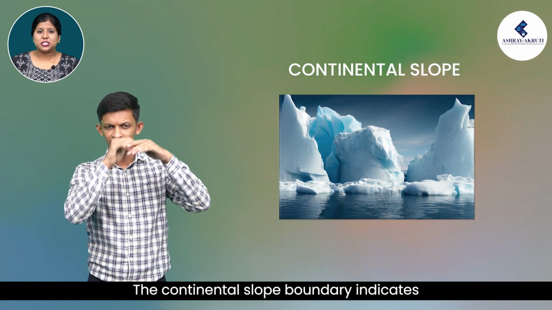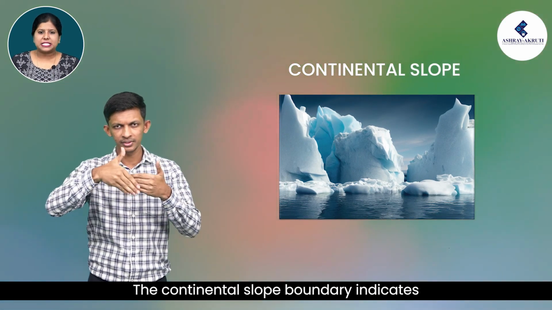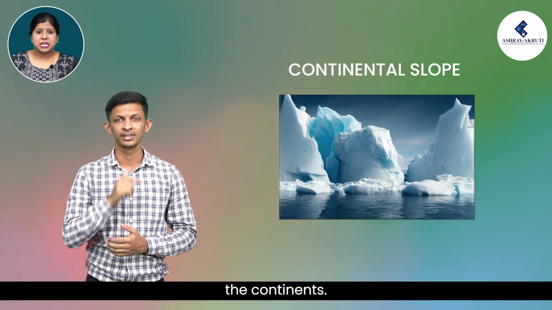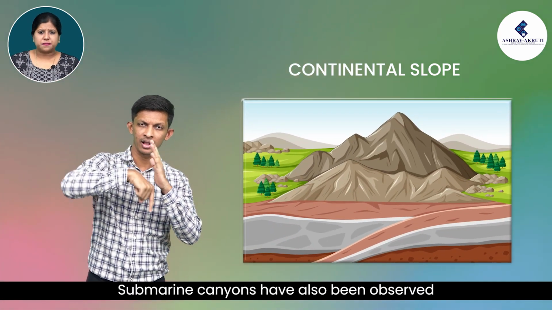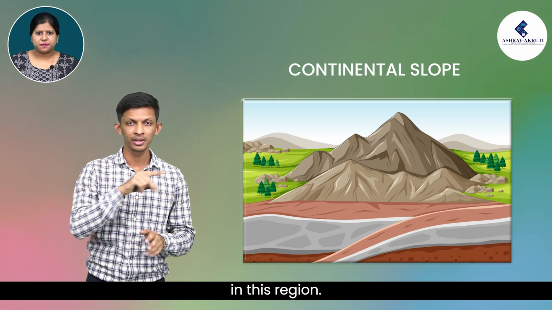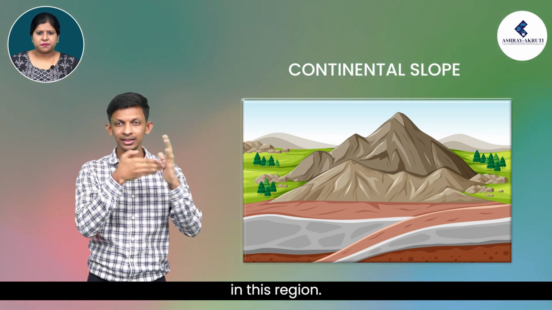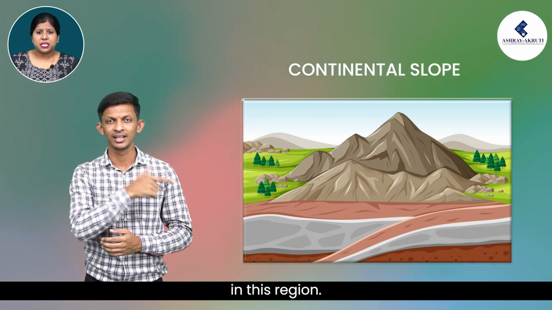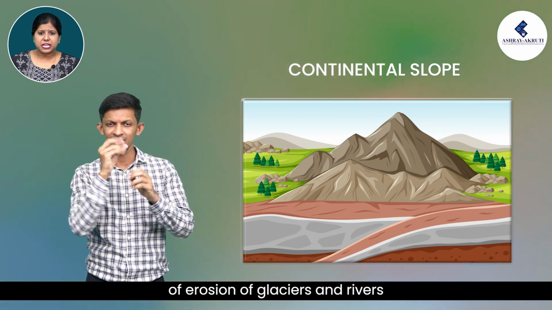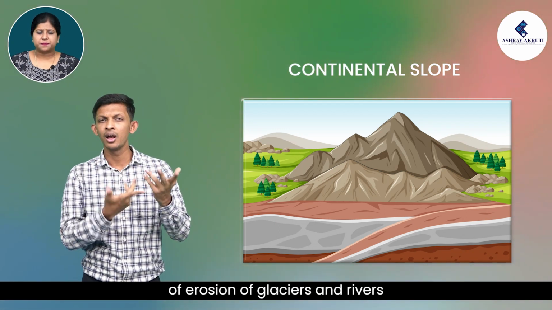The continental slope boundary indicates the end of the continents. Submarine canyons have also been observed in this region. These are formed by the process of erosion of glaciers and rivers.